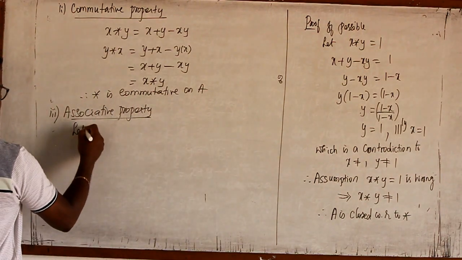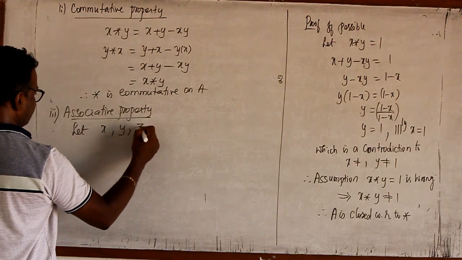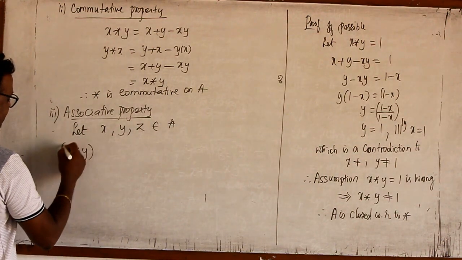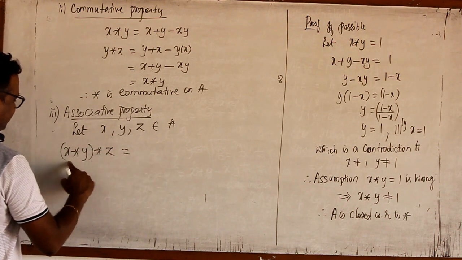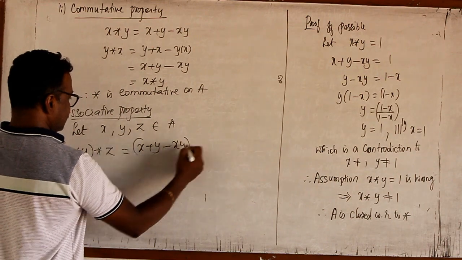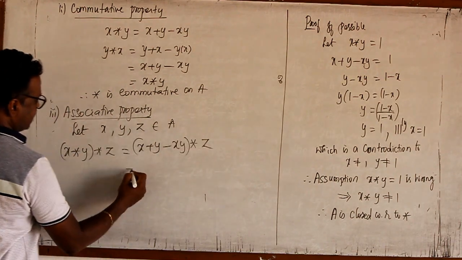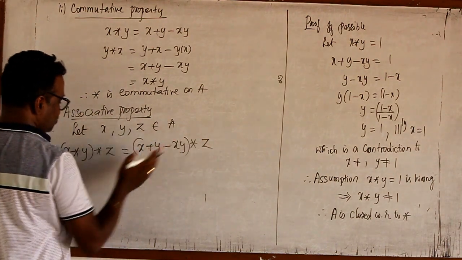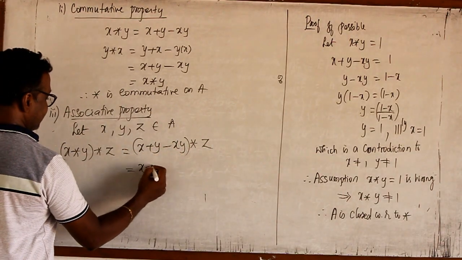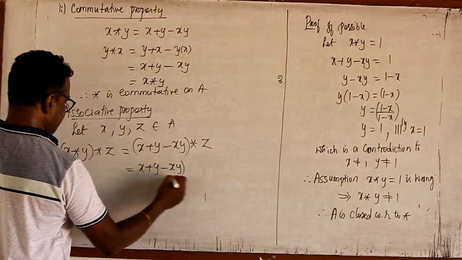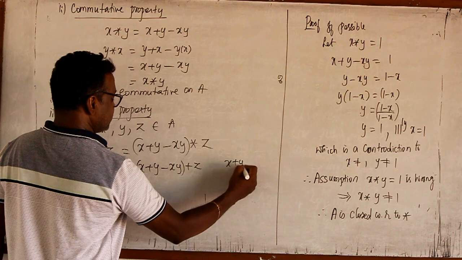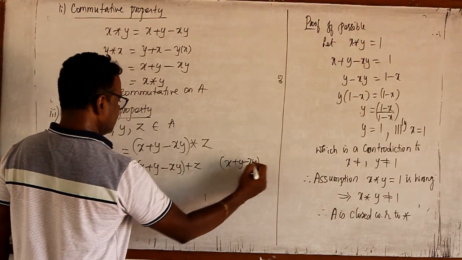Let me take three elements x, y, z belonging to A. Then (x star y) star z. We know x star y is x plus y minus xy, star z. Understand, I must add these two, then multiply these two, and then subtract. That is (x plus y minus xy) plus z minus (x plus y minus xy) into z.